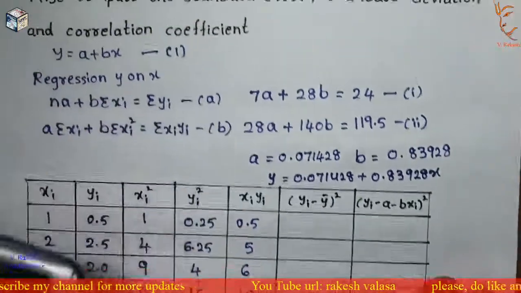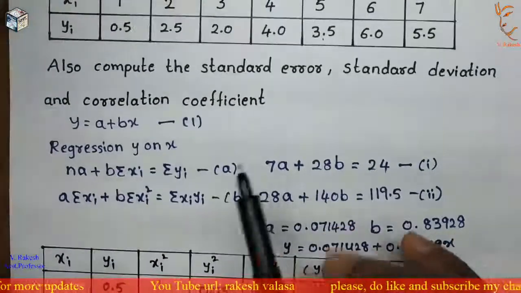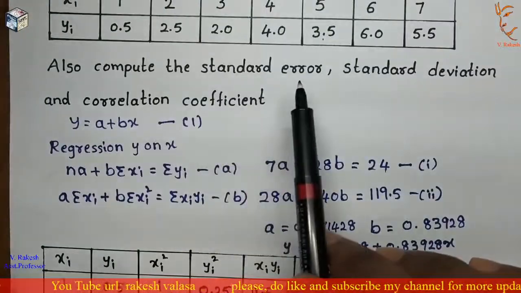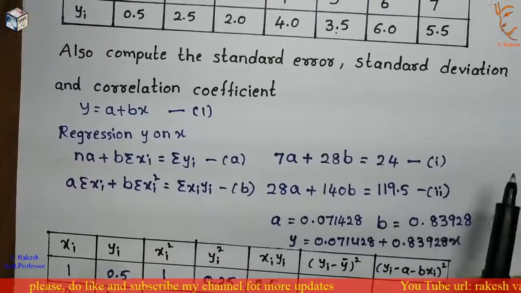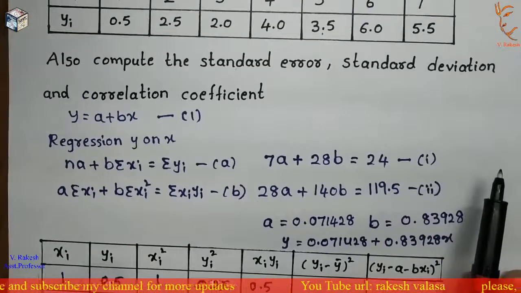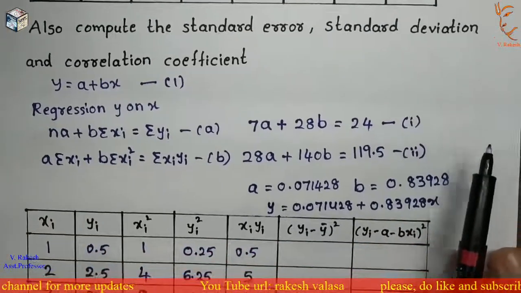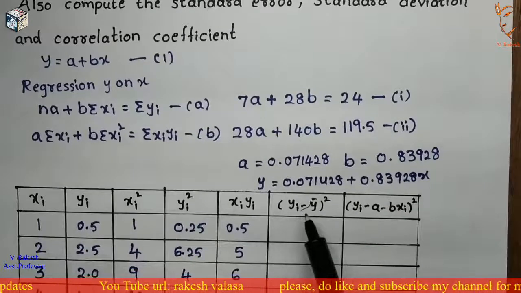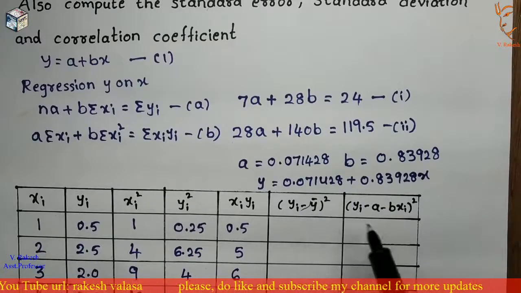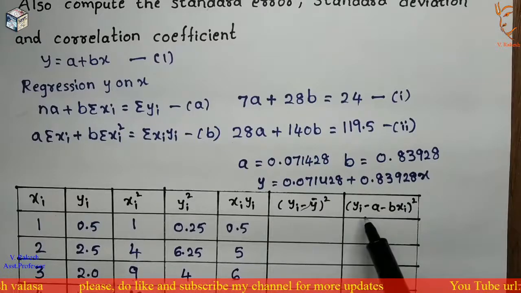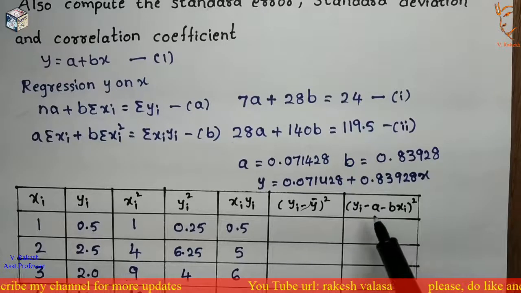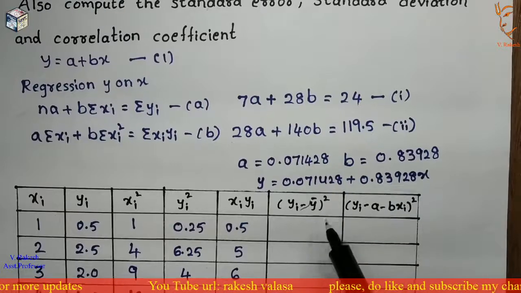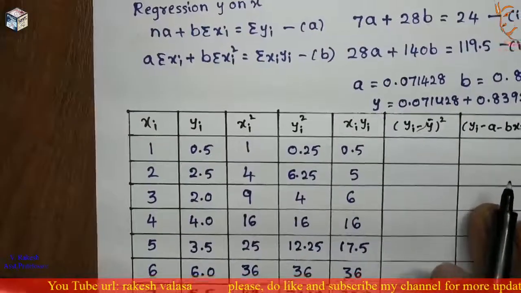See the second question, that is also compute the standard error, standard deviation and correlation coefficient. For calculating these three terms, you must calculate yi minus y bar whole square. Second one is yi minus a minus bxi whole square. Y bar means average of these y terms.